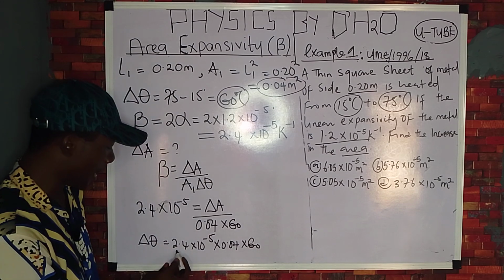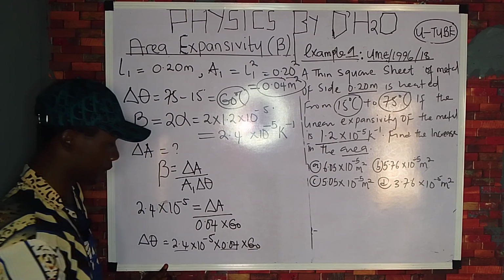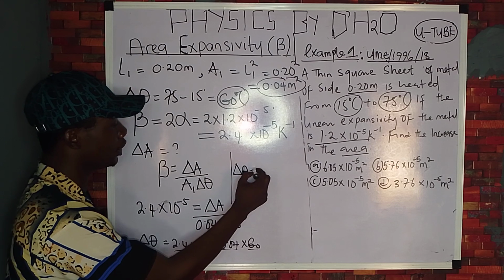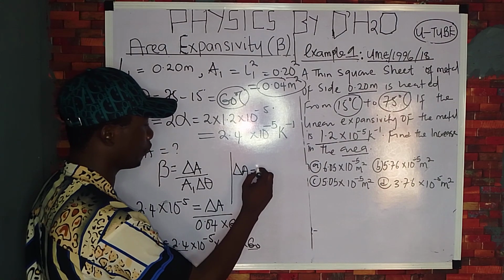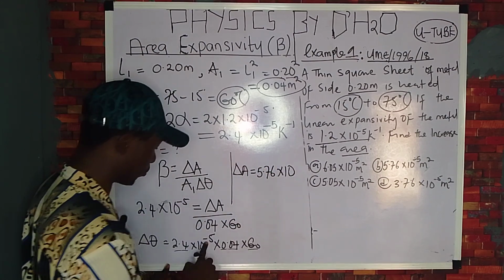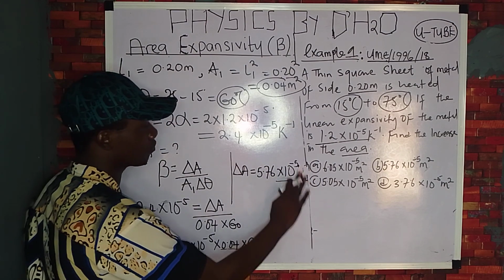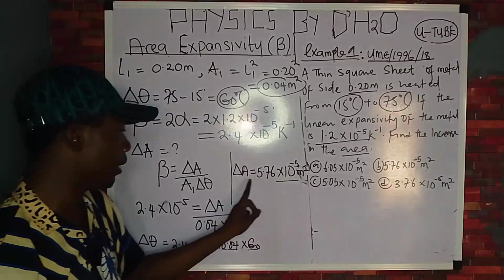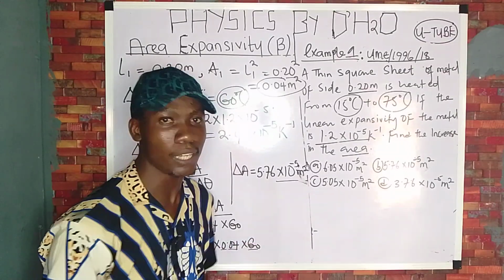So if you multiply 2.4 by 0.04 multiplied by 60, you are going to get your change in area, which will give us 5.76 times 10 raised to the power of minus 5 meter squared. That's the unit for your change in area. So this is your change in area, 5.76 times 10 raised to the power of minus 5 meter squared.